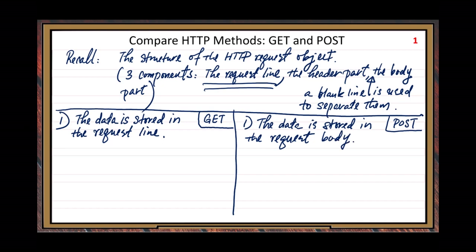This structure property determines the other properties that follow. The request line contains a few pieces of information, but mainly the data is in the URL portion.